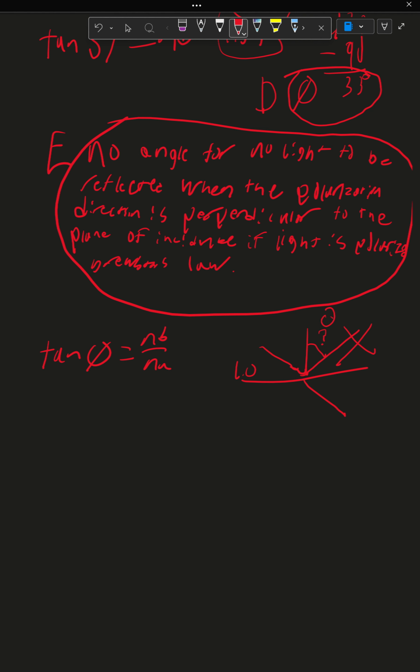So let's see real quick. We have 1.0 from the air. It is coming from air. And then 1.66. So NA equals 1.0 and 1.66 equals NB. So just write everything down again.